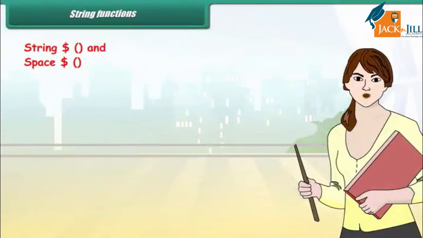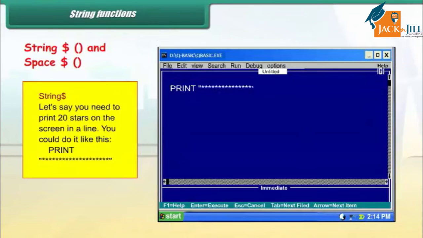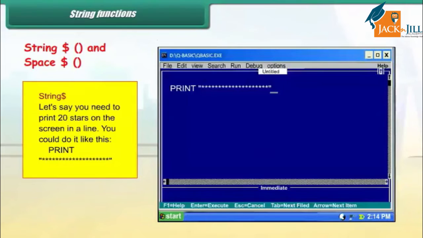STRING$ and SPACE$. STRING$. Let's say you need to print 20 stars on the screen in a line. You could do it like this. Print. You can also print the above output with a for loop.